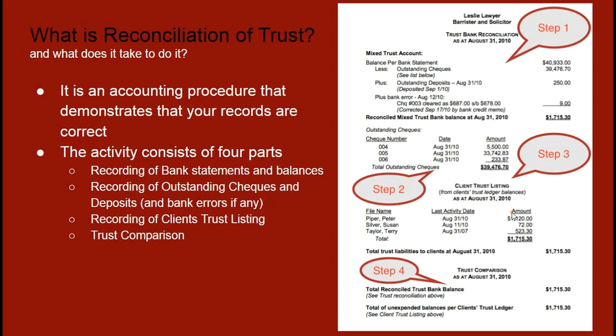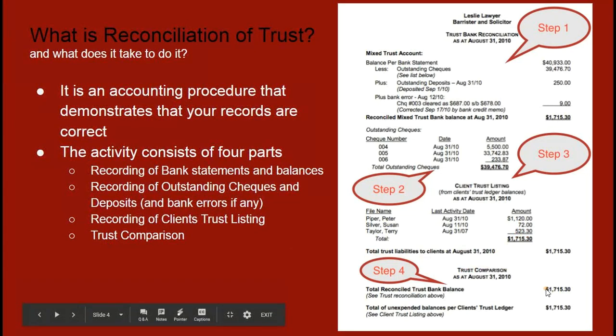Okay, maybe 2 clients gave you 100 each. Maybe it was just a single client that gave you a $200 check. Just like how it shows here, we want to know the file, the client, the last date of activity, and what is the amount that the individual client gave you, and that's the outstanding balance. And the 1200 plus the 72 plus the individual 523 adds up to the 1700 that's outstanding in your trust. That's still sitting there, okay?